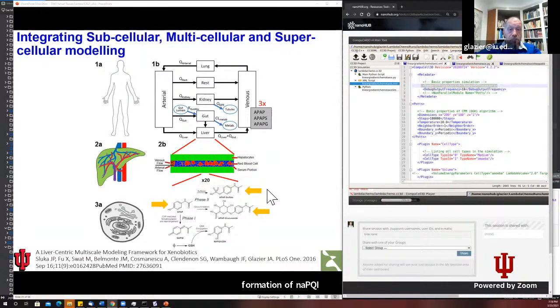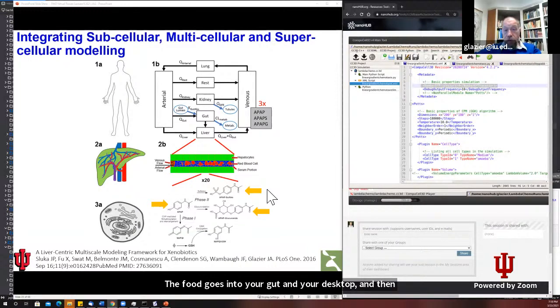This model also was embedded in another network model, in this case, a network model not of metabolism, but rather of transport. When you eat food, the food goes into your gut, into your stomach, and then into your intestines.